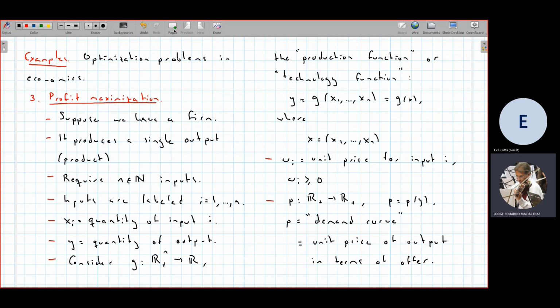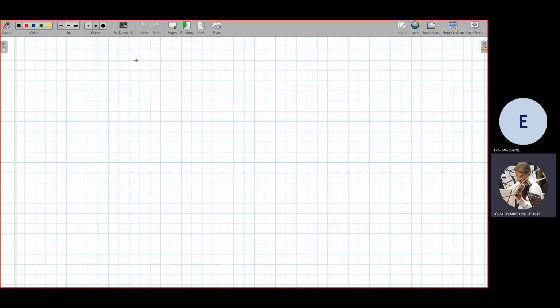Okay, there is something that we can note. First of all, I forgot to mention, maybe I should mention again: R plus is the non-negative real numbers.